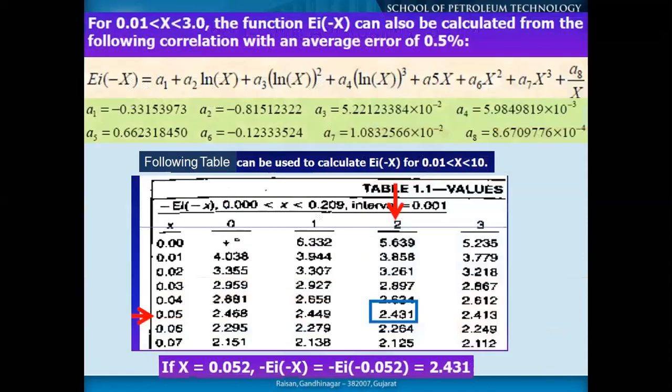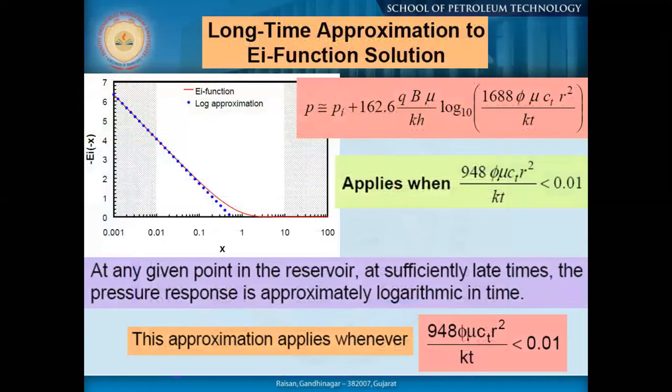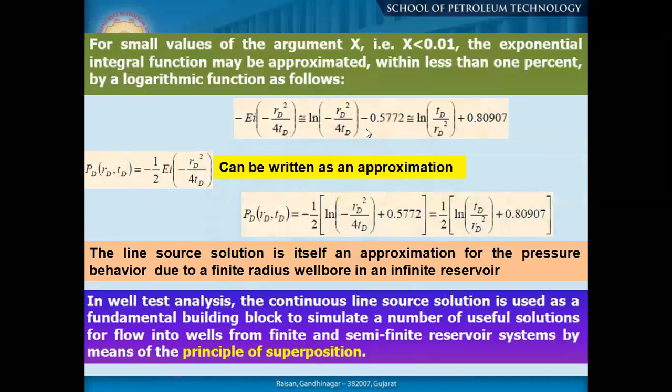When x is in between 0.01 and 10, we need to take care of the whole Ei function expansion, and using the tabulated values, we need to find the exponential integral value of x. And in the third case, when it is less than 0.01, we need to use this approximation. Okay, so this is what the solution is.